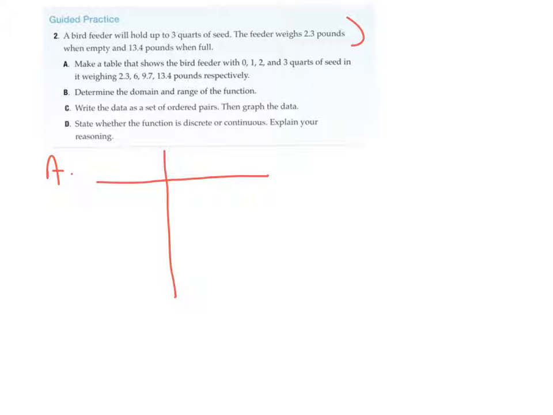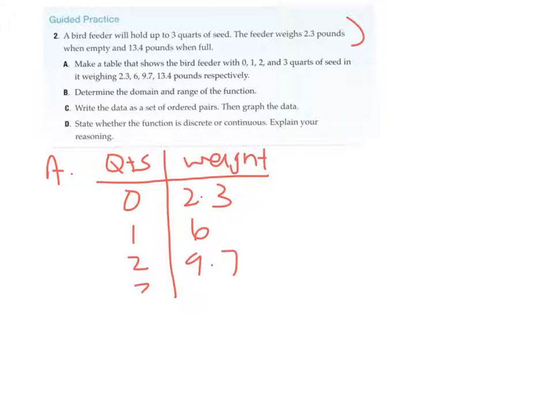So we have our quarts and the weight. 0 quarts is 2.3, 1 is 6, 2 is 9.7, and 3 quarts weighs 13.4 pounds.